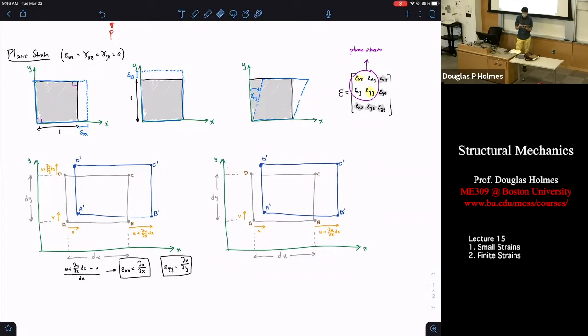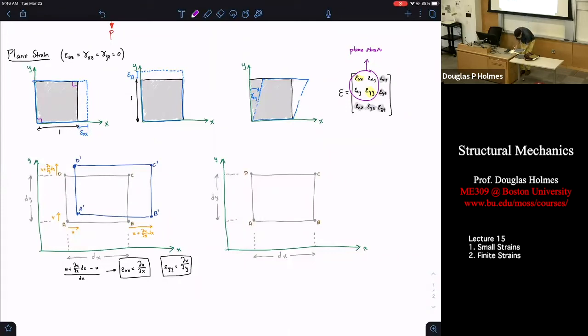So let's clear this off. And now let's consider a strain that does change the angles between ADB and CDB.